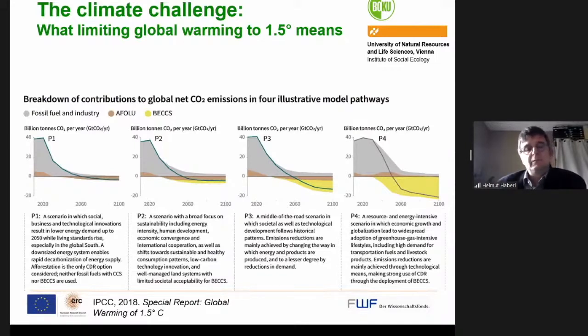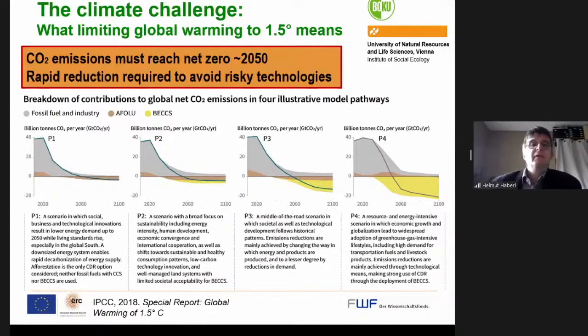The basic message I want to send with this is: if we don't reach net zero CO2 in 2050, we will have to have a large-scale application of technologies that are very controversially discussed. You see this yellow part getting bigger the further down the road we get with our CO2 reduction targets. And this yellow is BECCS, which means bioenergy with carbon capture and sequestration, which is, for good reasons, a very controversial technology.